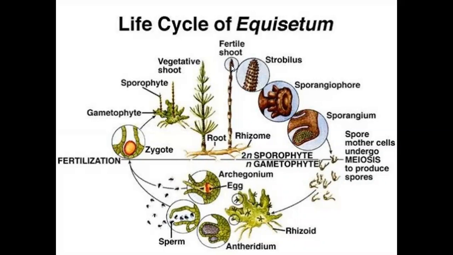At an early stage, the fertile shoots also participate in photosynthesis. But at the mature or adult stage, the shoots convert into fertile. They produce cones or strobilus on the terminal part of the fertile shoots.